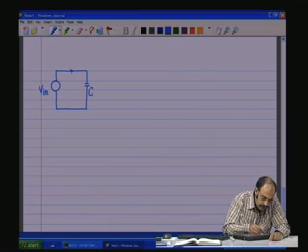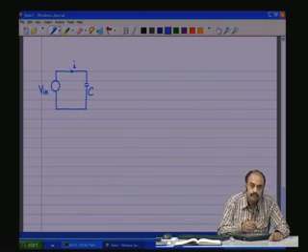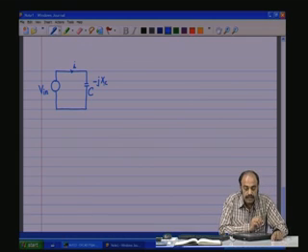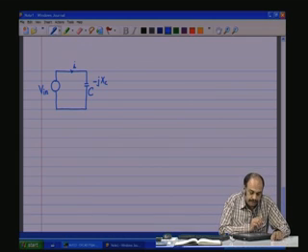Now, there is a current I flowing. The capacitance is going to offer an impedance, the capacitive reactance, which is minus j into Xc.